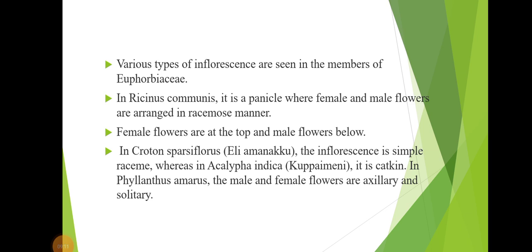Various types of inflorescence are seen in a number of Euphorbiaceae. In Ricinus communis, it is a panicle where female and male flowers are arranged in a racemose manner. Female flowers are at the top and male flowers below.